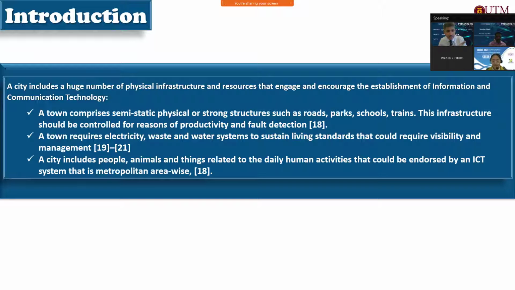This infrastructure should be controlled for reason of productivity and fault detections. A town requires electricity, waste, and water system to sustain living standards that could require visibility and management. A city includes people, animals, and things related to the daily human activity that could be endorsed by an ICT system that is metropolitan area-wise.